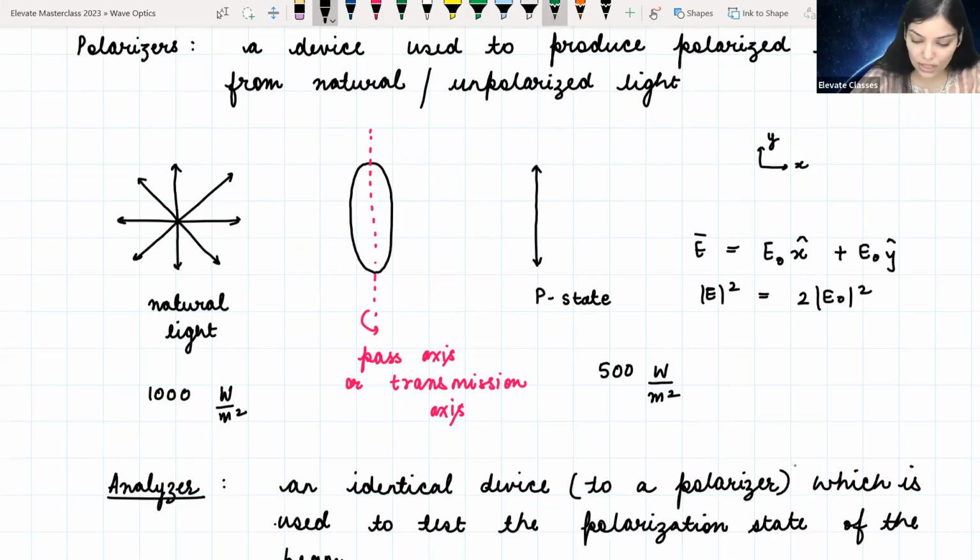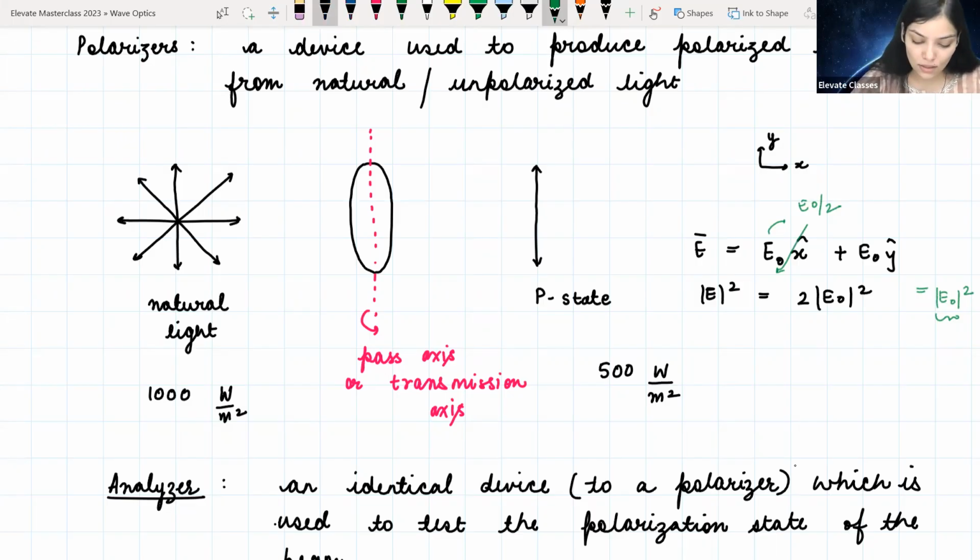But now I have put a polarizer so that the y one यहाँ पे पास हो रहा है ना, so one component is completely absorbed, and therefore now my resultant is just E naught square. So this is not because E naught became E naught by 2. Understand this: I have not changed the amplitude to half. Intensity has reduced to half because one contributing half is completely absorbed.